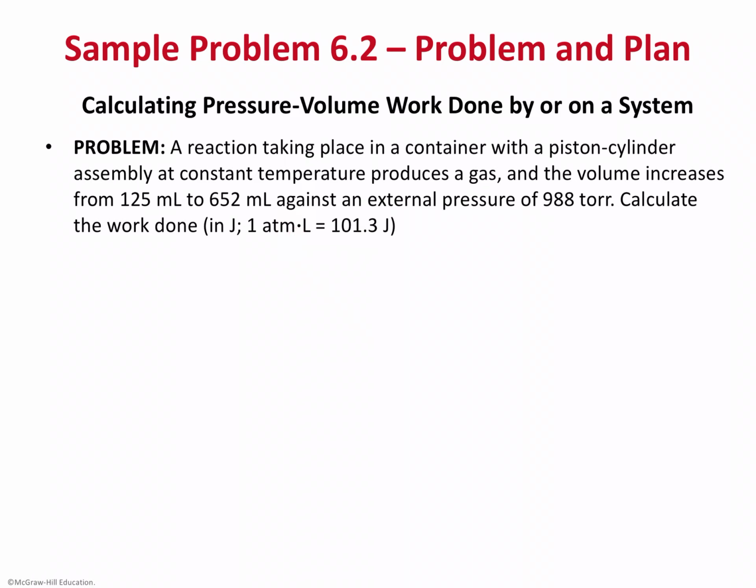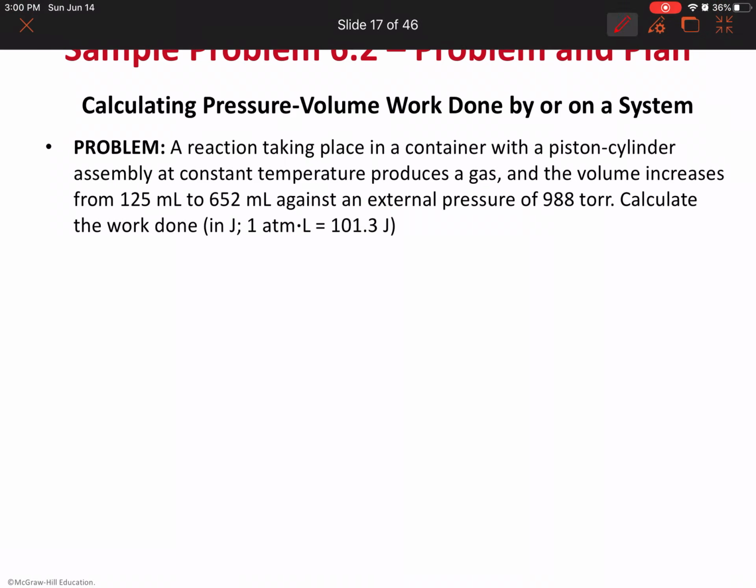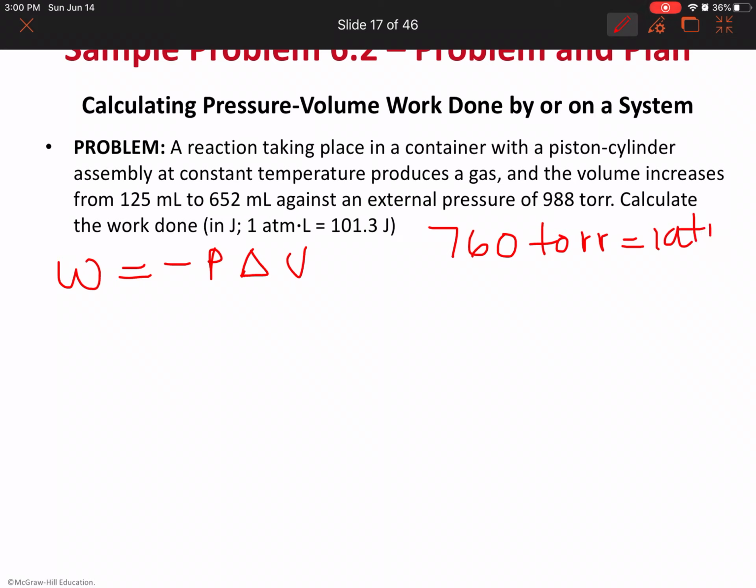Remember, we are going to use the equation W equals negative P delta V. Now the pressure is given in torr, and 760 torr equals 1 atm. So we can use this conversion to convert 988 torr to atm.